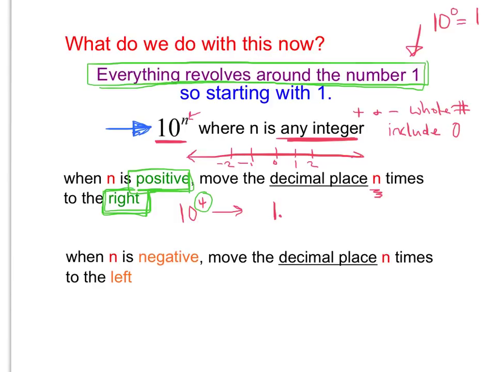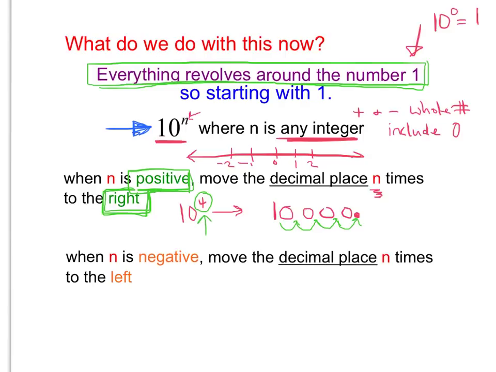I can take this decimal place and say 1 space, 2, 3, 4 spaces. And so now I have my new decimal place. And then I can fill everything else with zeros. So 1, 2, 3, 4. If it's positive, you can also think of adding that many zeros. So we could add 4 zeros. It works the same way.